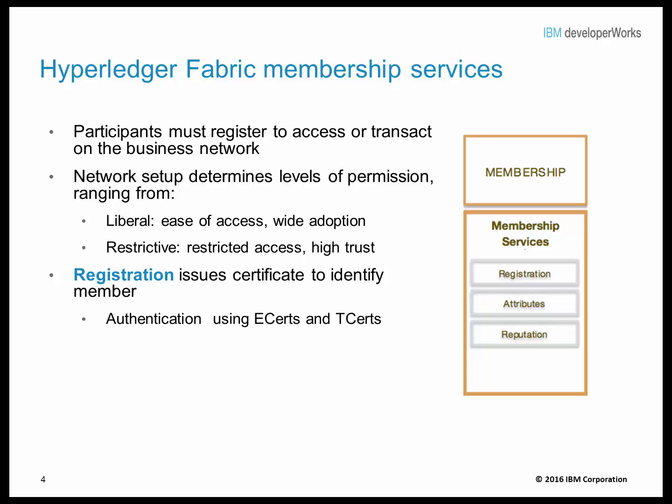There are two types of certificates through which authentication can happen. The first one, e-certs, which are also called static enrollment certificates. These are acquired via registration with an enrollment certification authority. These are long-lived certificates and are issued for all roles, including those of users and also peers in the network.